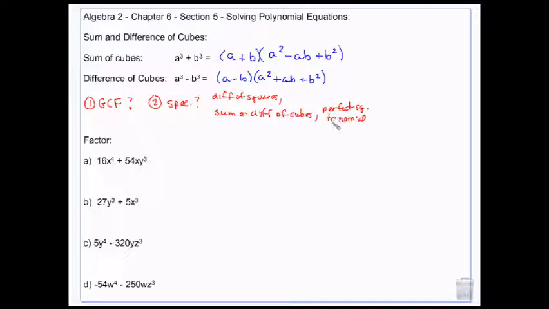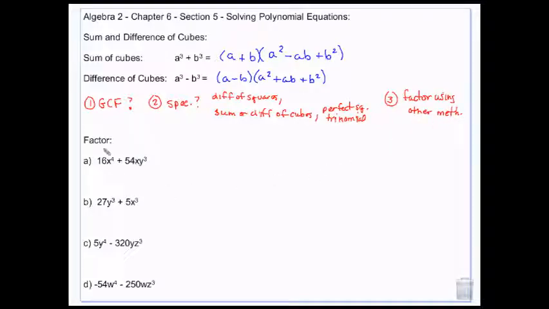If it is one of these things, you'll factor it using the patterns. If it's not one of those things, we'll factor using other methods, which we'll discuss in just a moment.